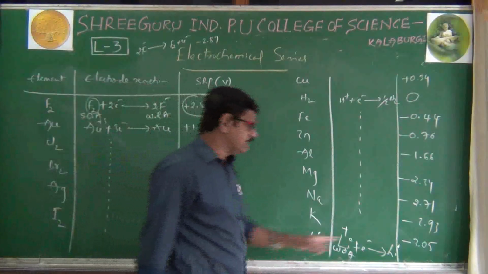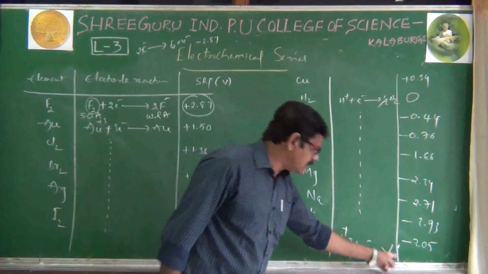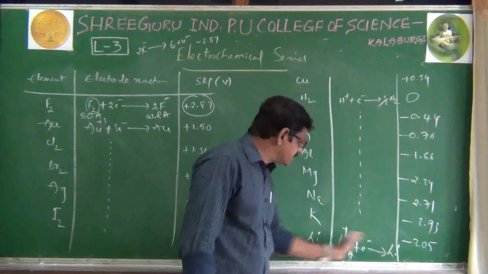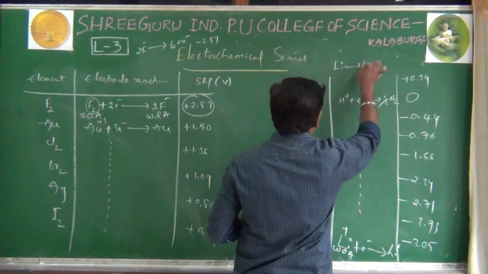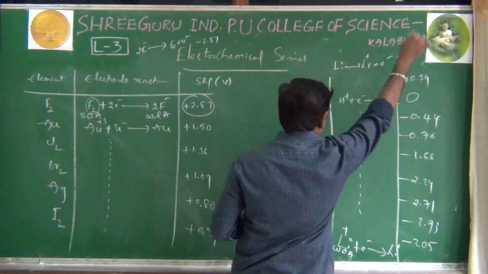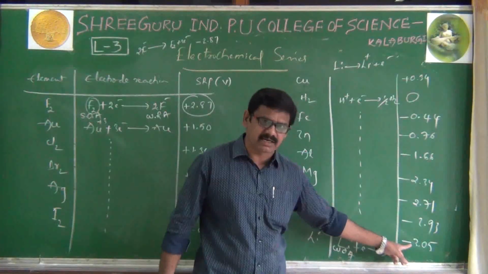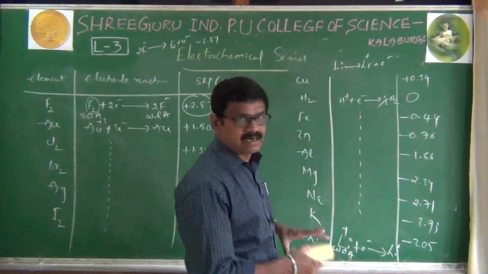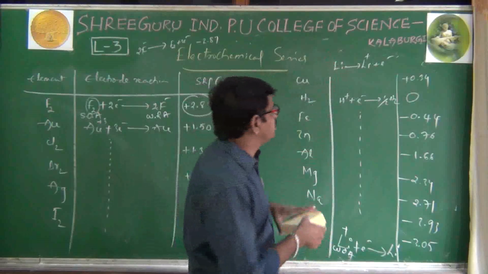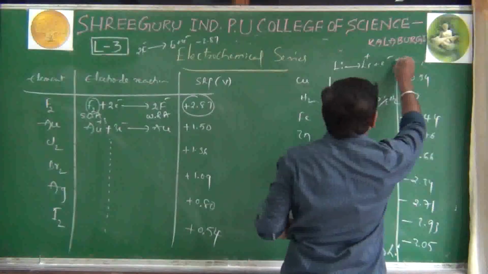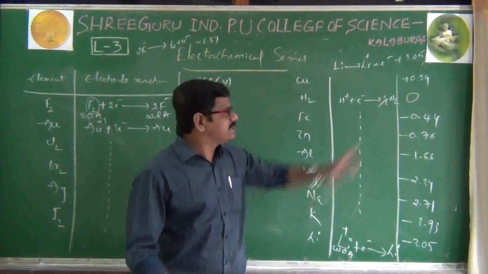Similarly, if you see lithium, again you have to see the backward reaction. Backward reaction is lithium converted to lithium plus and an electron. Here the standard reduction potential is minus 3.05, and since I have shown the oxidation reaction, its oxidation potential value is plus 3.05. What is it indicating?